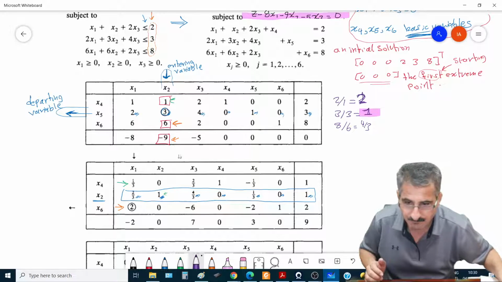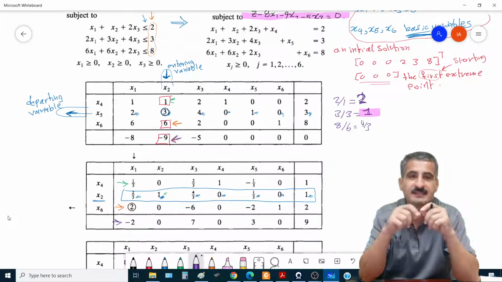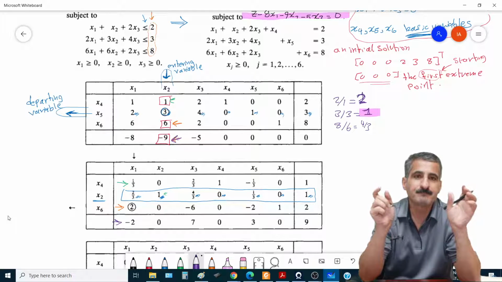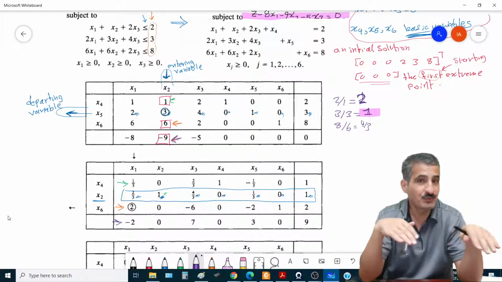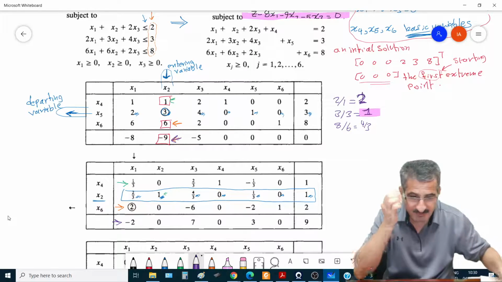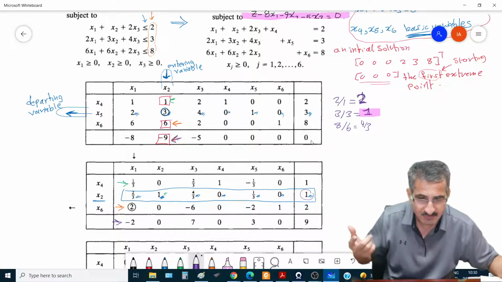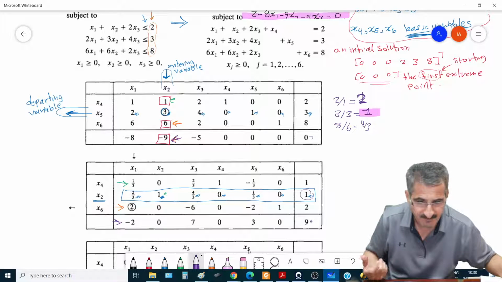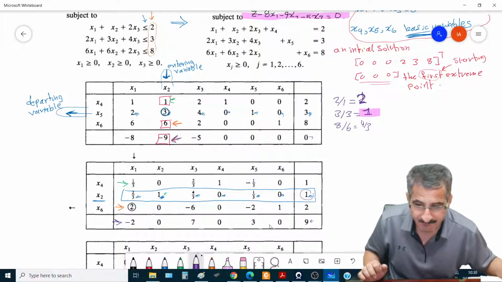So multiply the second row, the new one, by 9 and add it to the last row, all of it. For example, if we multiply this with 9, we have 9. Add it to 0, then we have 9. Okay, good. So you know how to get that.